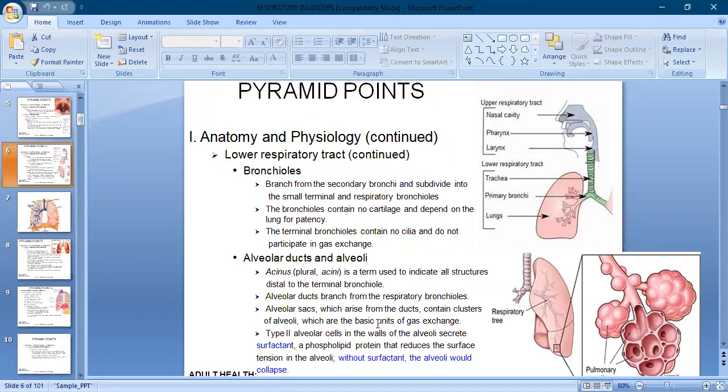If anybody has an absence of surfactant inside the lungs, they have a problem of respiration. Surfactant is a phospholipid protein. So surfactant is a protein mixed with phosphorus and lipid that reduces the surface tension in the alveoli. Without surfactant, the alveoli would collapse.